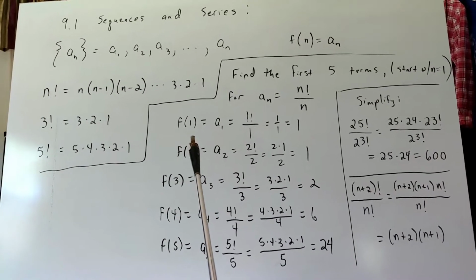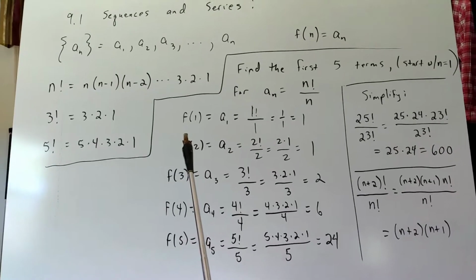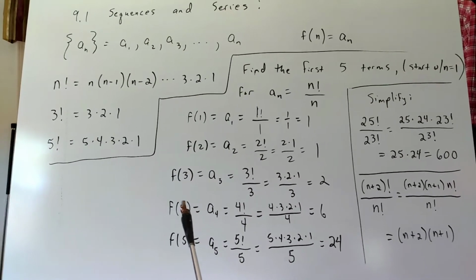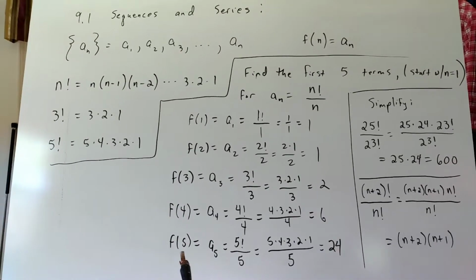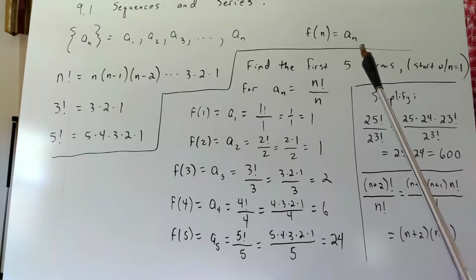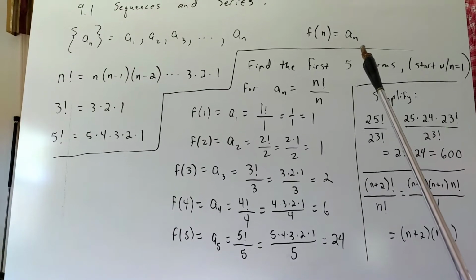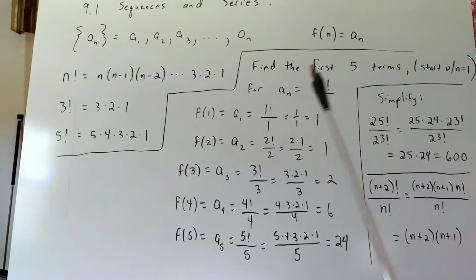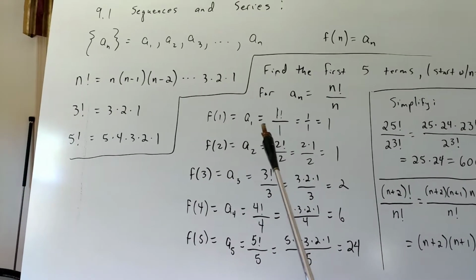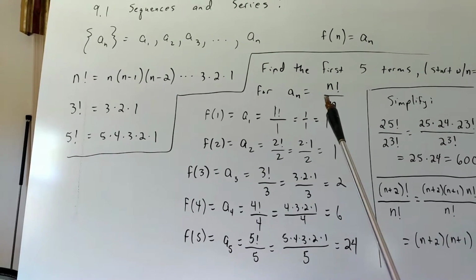I'm going to use function notation so we can get comfortable with it. We're going to find f of 1, f of 2, f of 3, f of 4, and f of 5, so that we will have found a sub 1, a sub 2, a sub 3, a sub 4, and a sub 5.